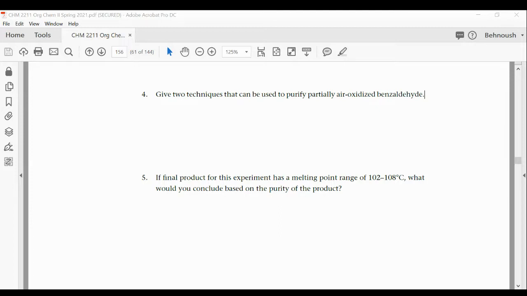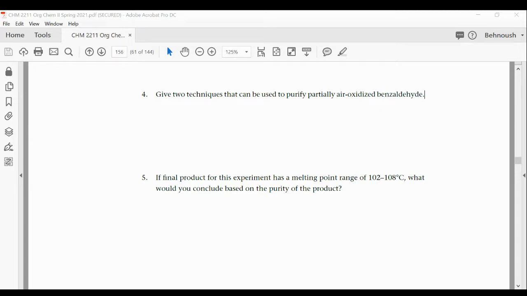But if the vacuum is applied and the pressure goes down, then boiling happens at a lower temperature. So you can do the distillation because you need the vapor of the first compound, but it doesn't decompose. It prevents decomposition of the substance, the benzaldehyde.